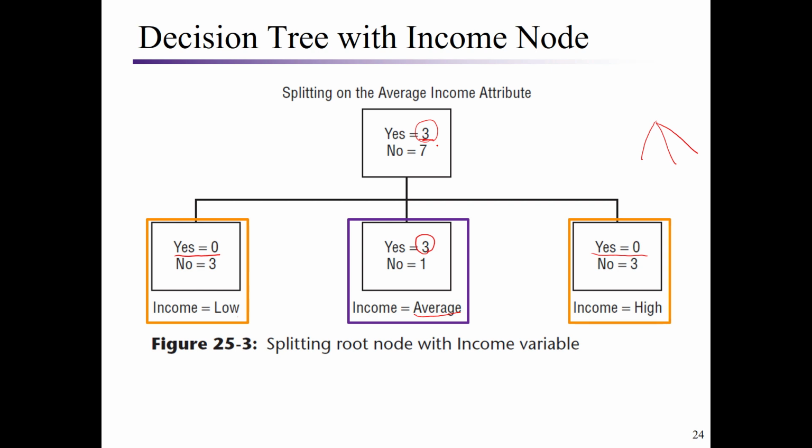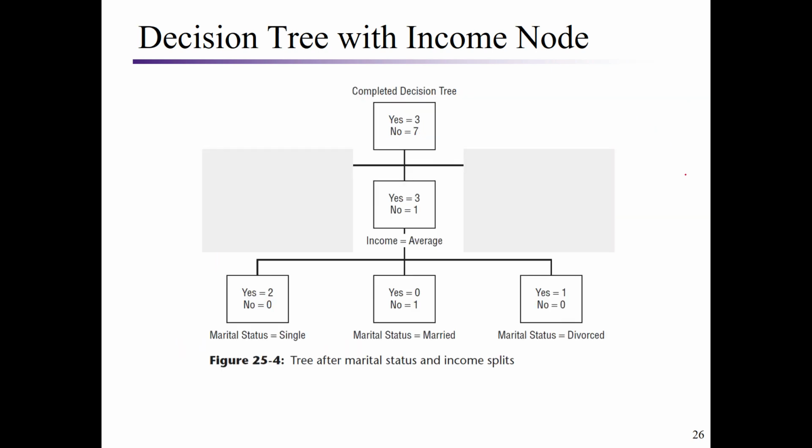Then we will take a look at this segment further because we have other variables. Because the income level low and high segments did not purchase Greek yogurt, we will skip that part. And then we further split people in the income level average segment in terms of their marital status: single, married, and divorced.